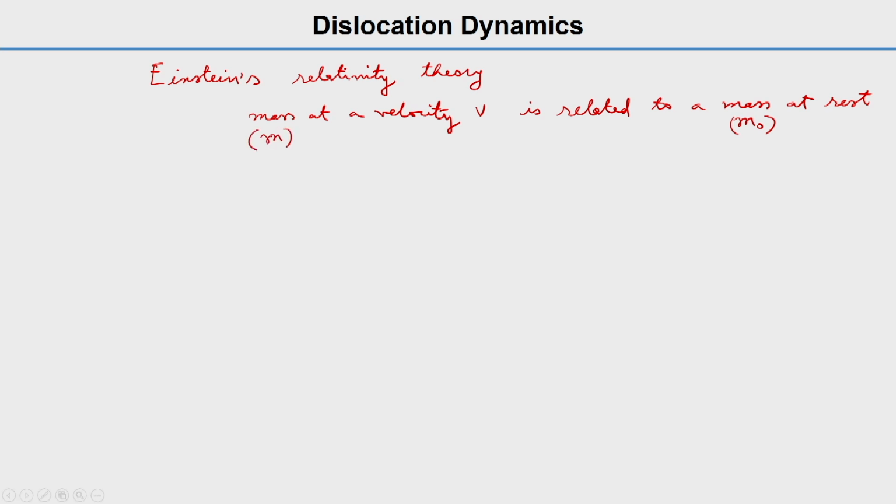So I would better write the mass. This will be m equal to m naught divided by the square root of 1 minus v square by c square. As you know, c is the velocity of light.